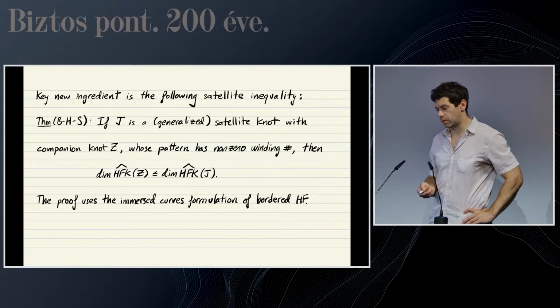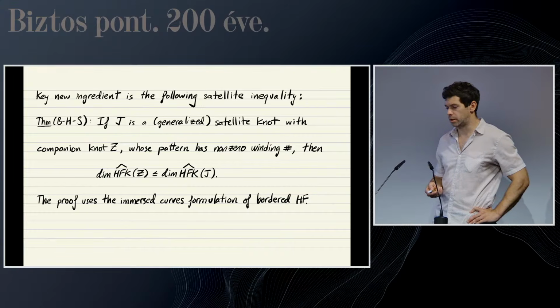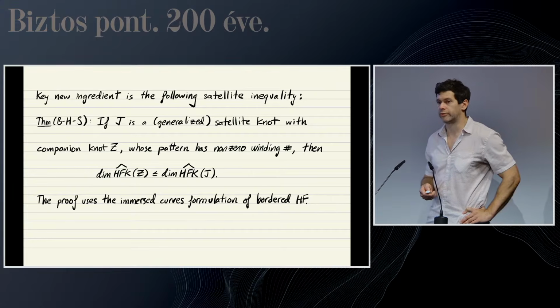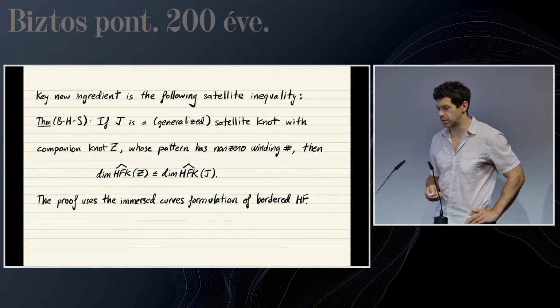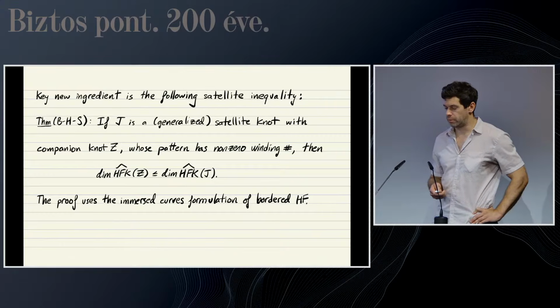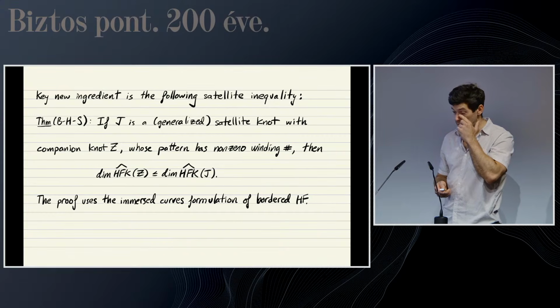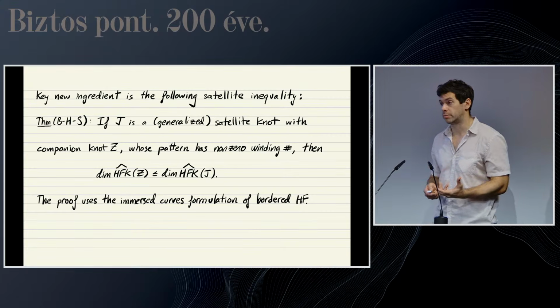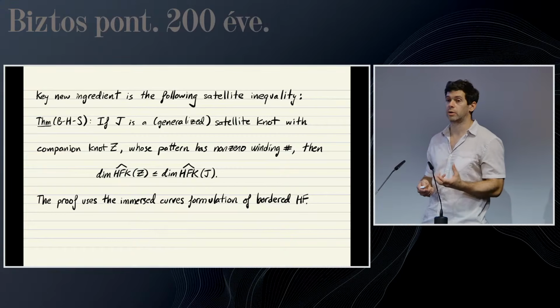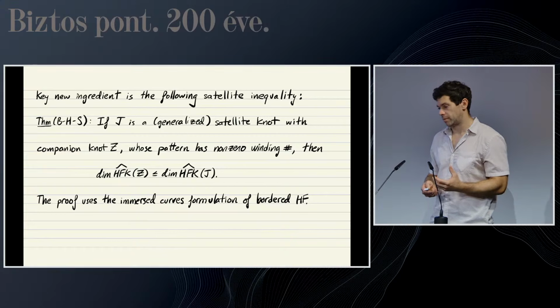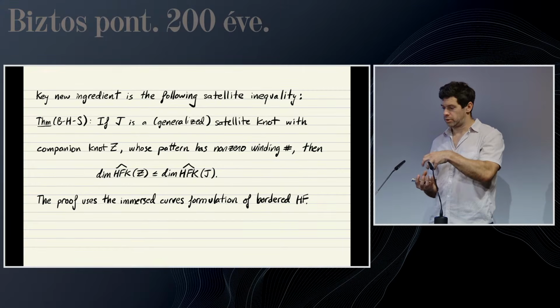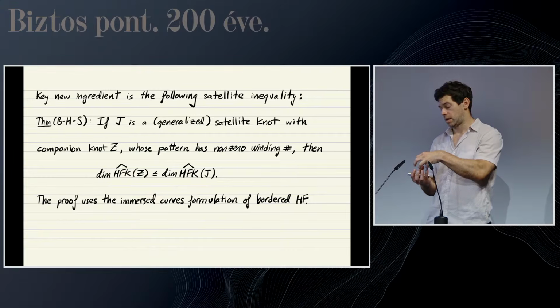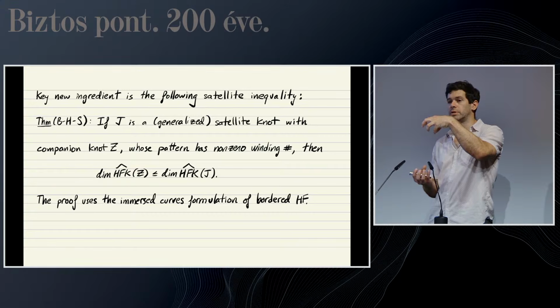And the proof, I won't really get into it, but it uses the immersed curves formulation of bordered Heegaard Floer homology due to Hanselman, Rasmussen, and Watson. And if you're familiar with their work, they used this immersed curves formulation to prove a pinching inequality. So if you have 3-manifolds with torus boundary, then there's a degree 1 map from one of these manifolds to a solid torus.